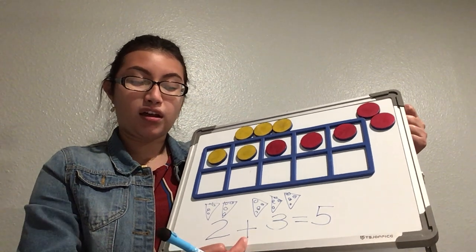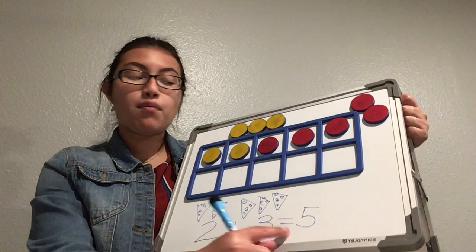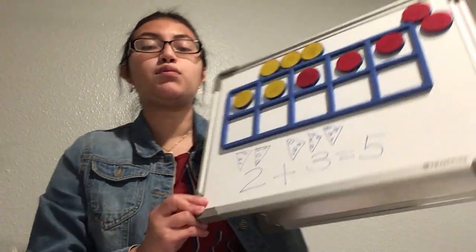2 plus 3 equals 5. Remember that equals means that it's the same. So 2 plus 3, when I join 2 and 3, that makes the same number as 5. 2 and 3 joined together is the same thing as 5. Good. So let's read our sentence one more time.